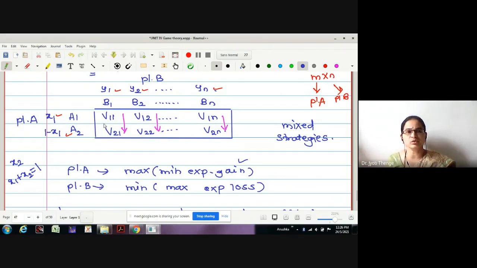For this, I told you what an expectation is, mathematical expectation. I have given you the basic definition as well: summation of X into P of X. And as these are probabilities, we don't know the exact number of occurrences. We have discussed what probability is as well. I started with defining the probability.